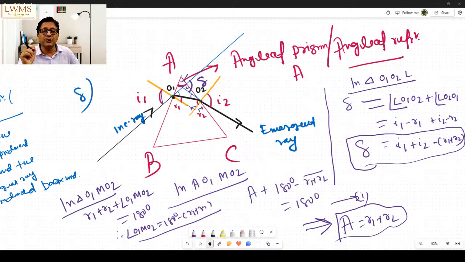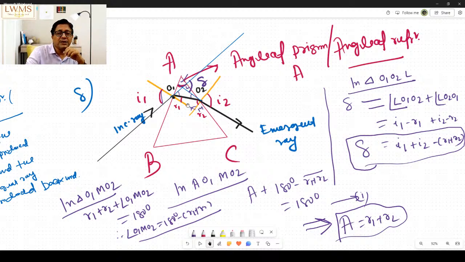I explain once more. This angle, apex angle A, and this one, O1 M O2, has to be 180 degrees. Why? Because angle A O1 M is 90 and A O2 M is also 90.